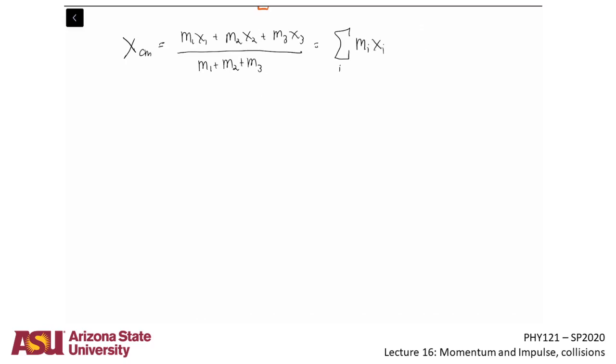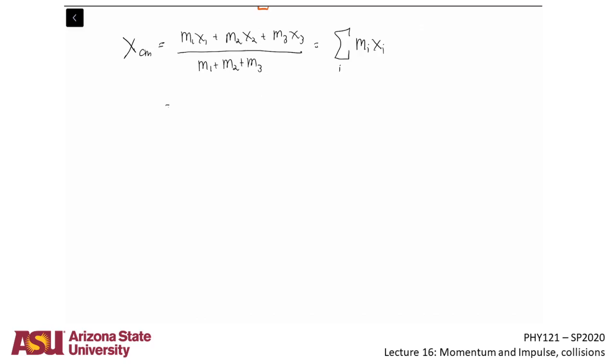So, the x component of the center of mass is (m1 x1 plus m2 x2 plus m3 x3) over (m1 plus m2 plus m3). This is just writing fully out this equation that I have from before.